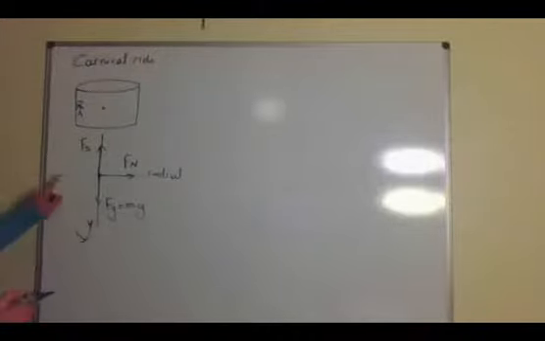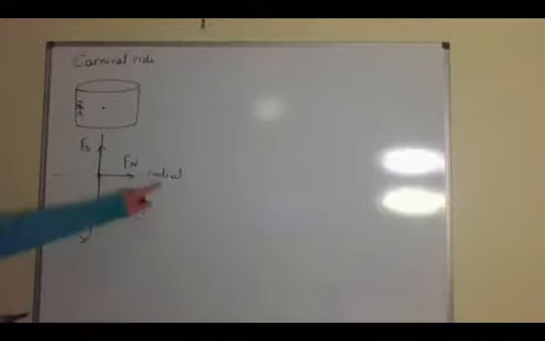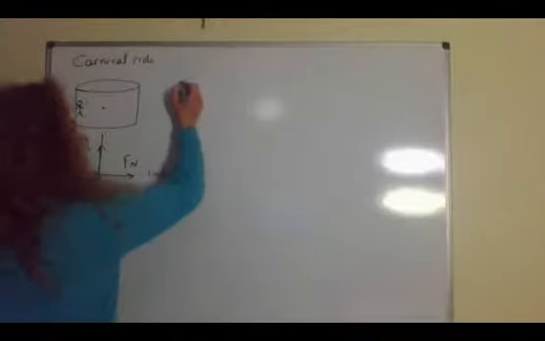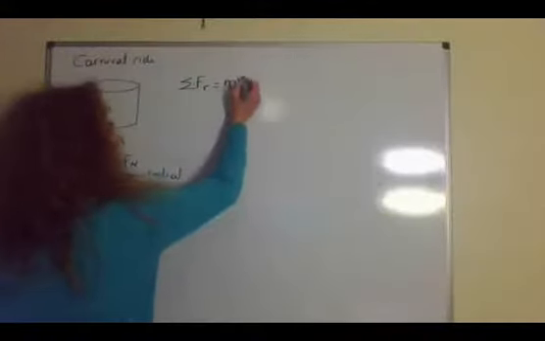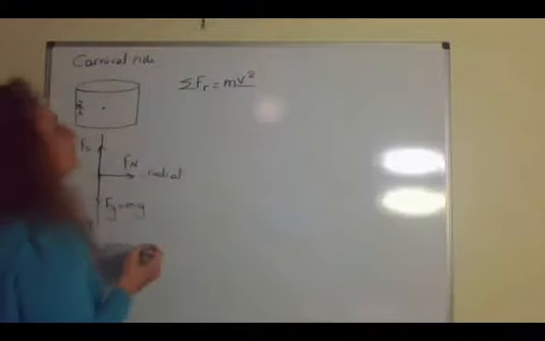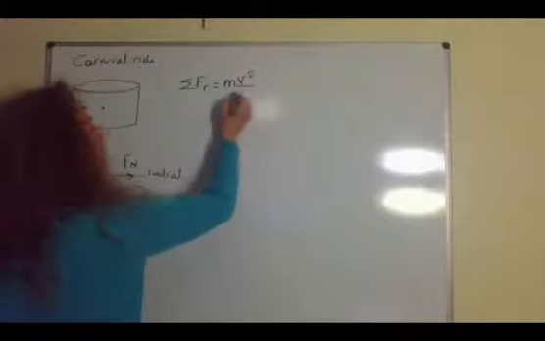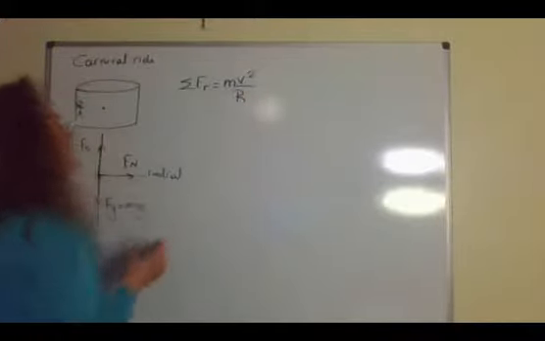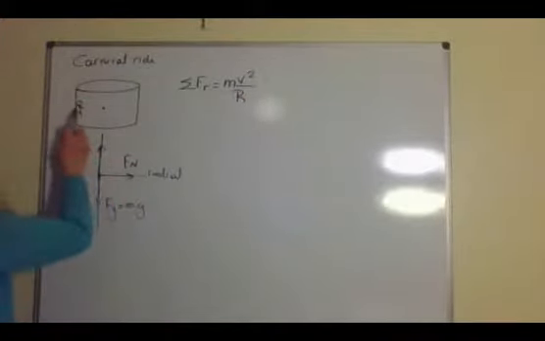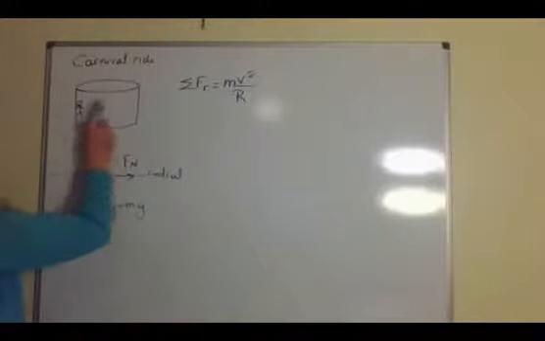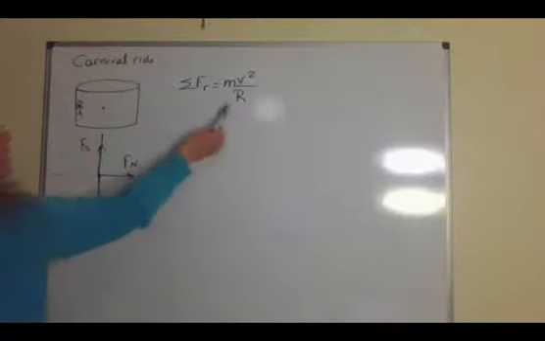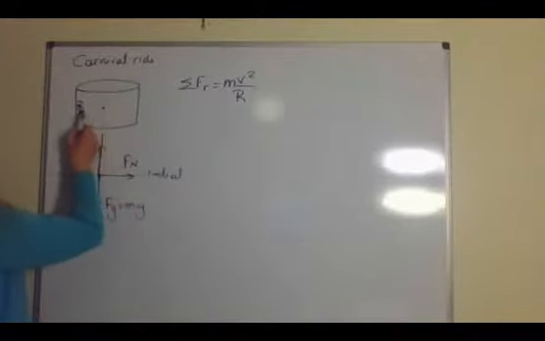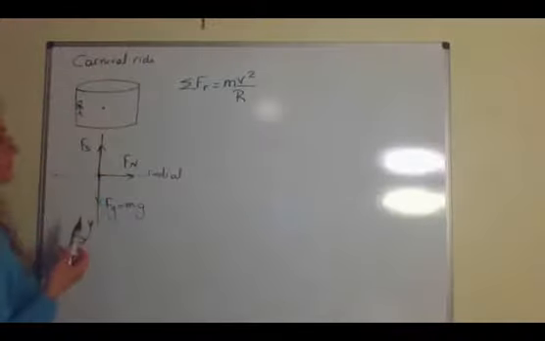So apparently the forces on the radial axis should create the centripetal force, meaning that the sum of forces on the radial axis should create the centripetal force mv squared over r, where the mass is the mass of the object doing the circular motion, the person. The velocity is the speed the person has, and r is the radius of the wall.